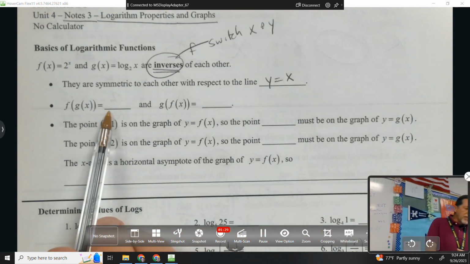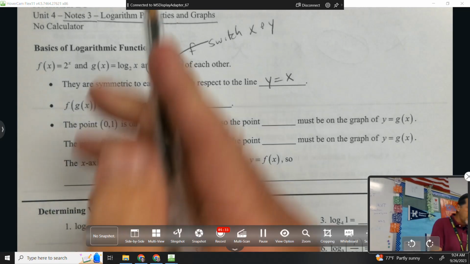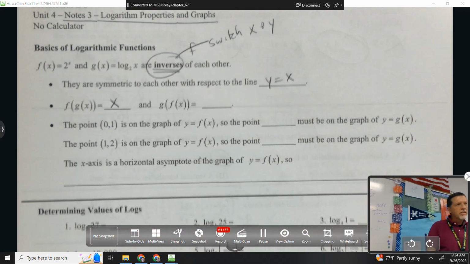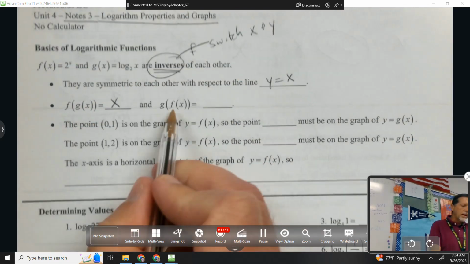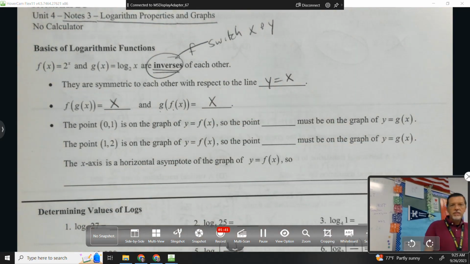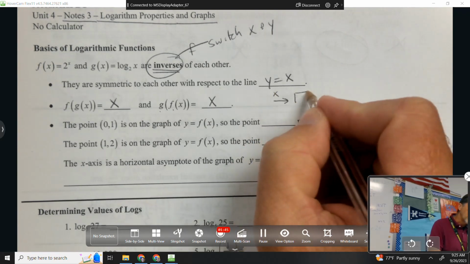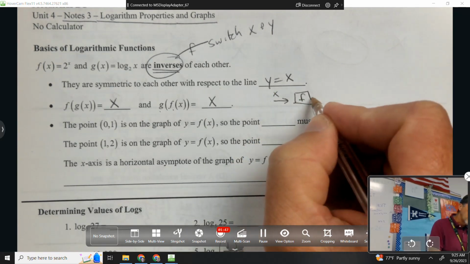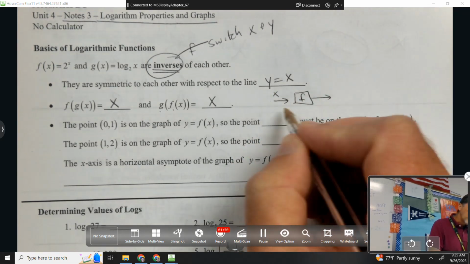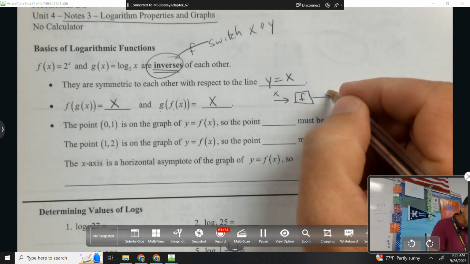Another way to think of inverses is whatever g does, f undoes, and you're right back to x. Or whatever f does, g undoes, and you're right back to x. Got like a picture of that. This is just inverses in general. So x, whatever the input is, goes into f. F does something to it.